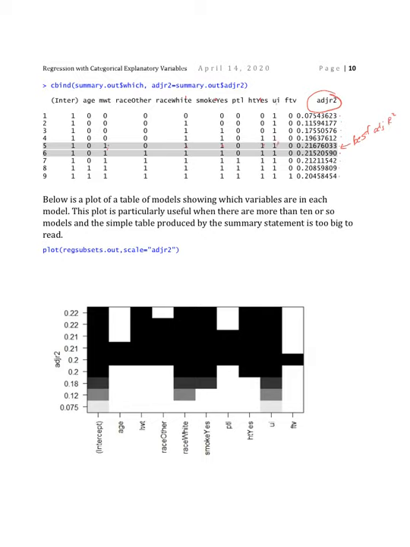We still have that issue that race white is not actually a separate variable that we can take out. If we look at the very next row, we'll see that race other is the next variable, and these are pretty close. So we're actually going to leave the race variable in.